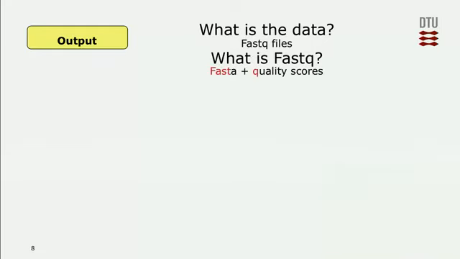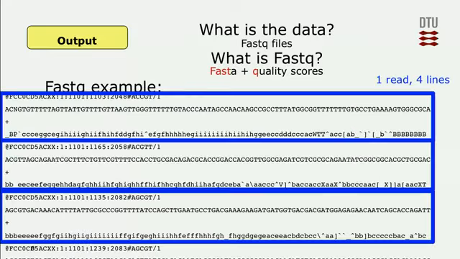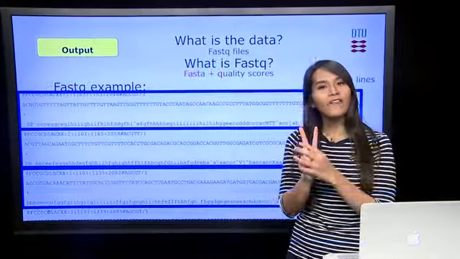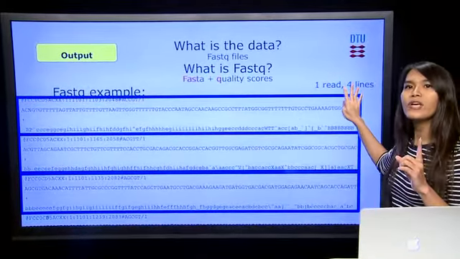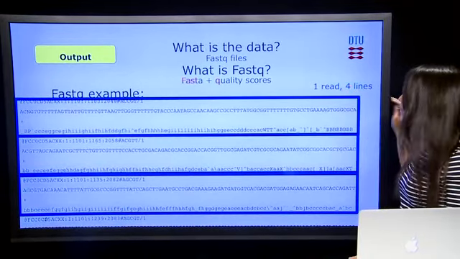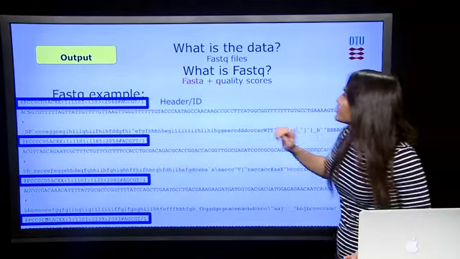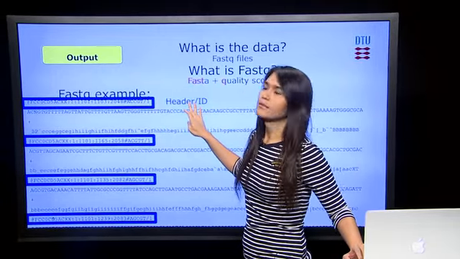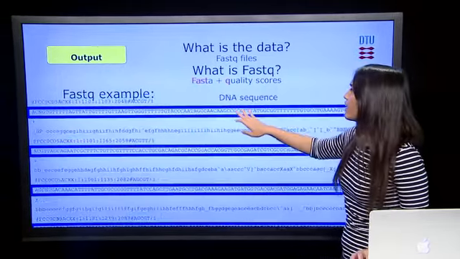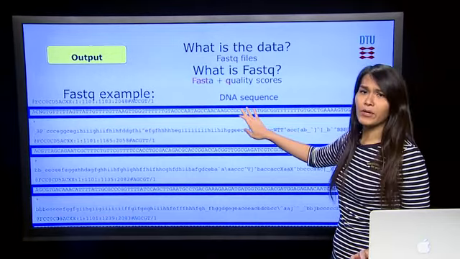So what is FASTQ? It's actually FASTA plus quality scores. So instead of having two lines like in FASTA, in FASTQ you have four lines for one read or one sequence. So what four lines? The first line, of course, is the header or the ID of the read. The second line is the DNA sequence.